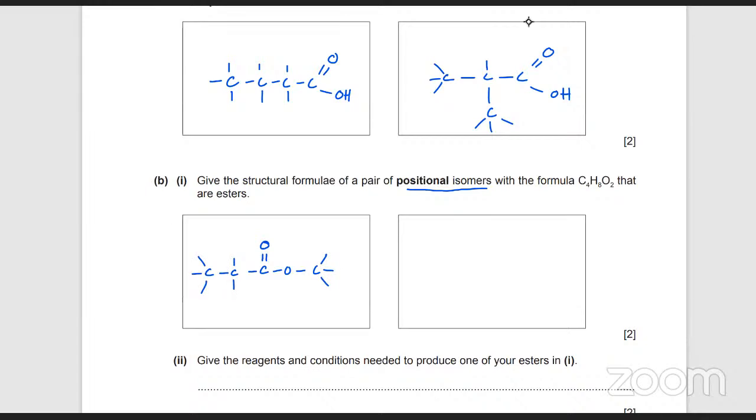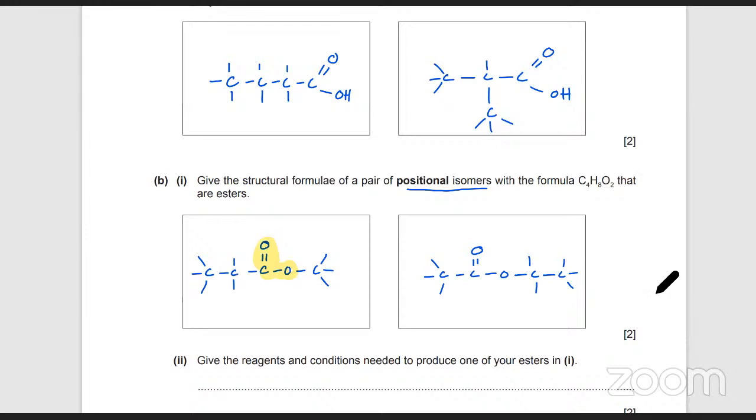So this is one isomer, where it's an ester. Now the only thing I can do is I can change the position of the ester group. So I can have it slightly to the left, and I can have 2 carbon atoms on the other side. So these are your positional isomers with the formula C4H8O2.